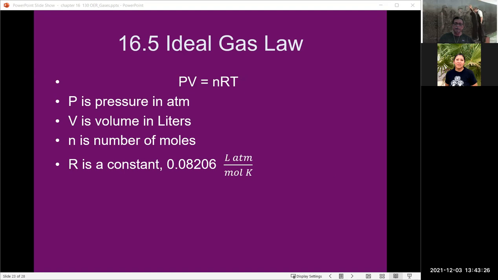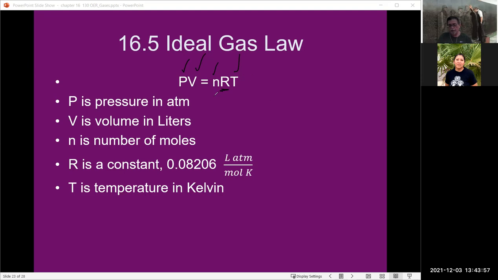All right. And of course, temperature is Kelvin. And so now we have 4 variables: pressure, volume, the number of moles, and temperature. R is constant, it never changes, okay? And so having 4 variables, 4 unknowns, you could be given 3 of those unknowns to calculate the 4th unknown, okay?